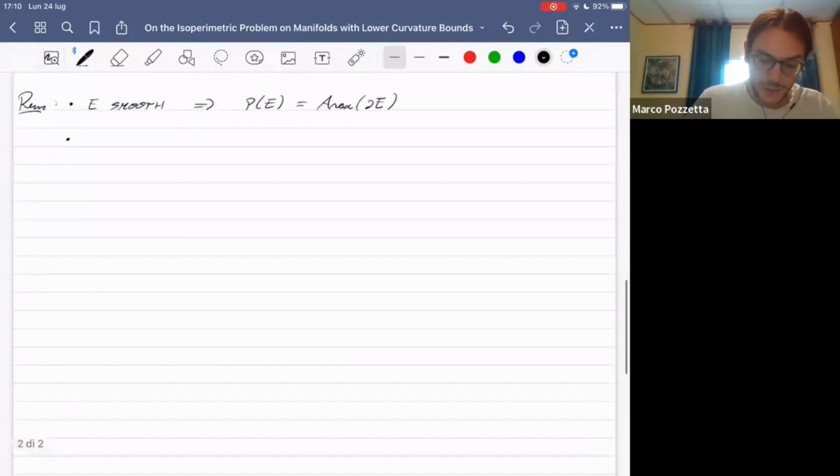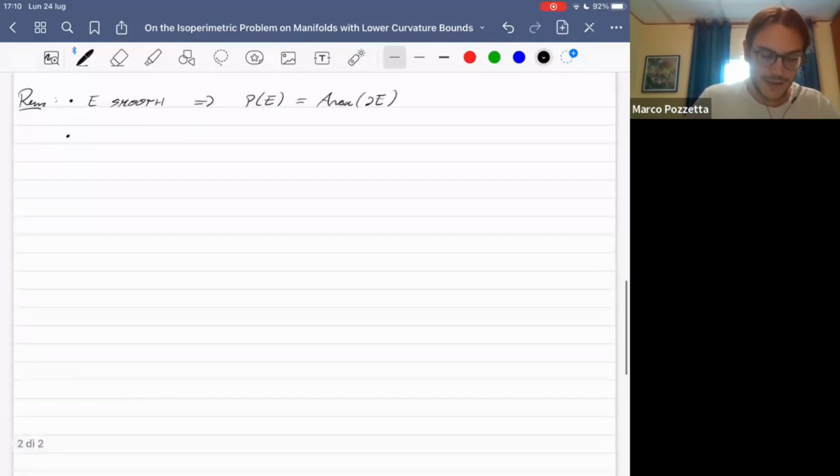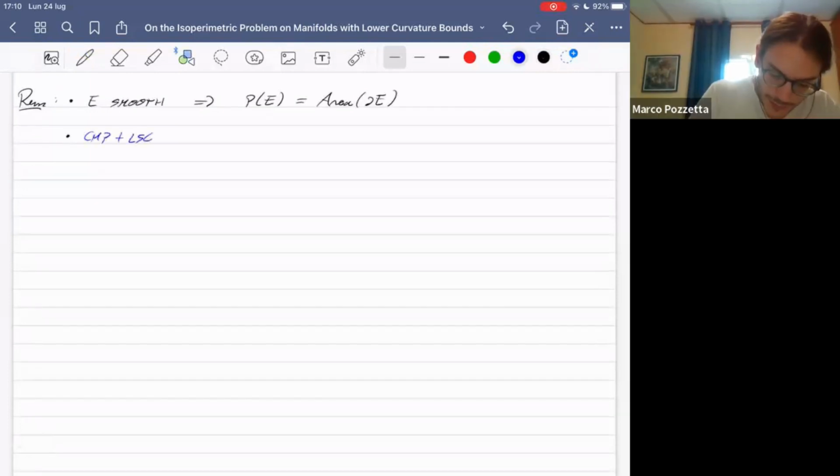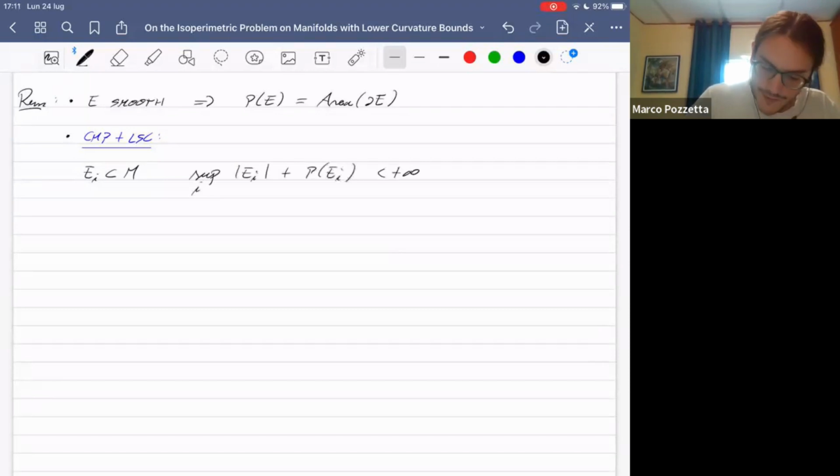Next, something that is going to be very important for our variational problems is that we have a compactness plus lower semi-continuity property for this functional. It means the following. Let's say that you have E_i, a sequence of subsets of M, and you know that the supremum over i of the volume plus perimeter of E_i is uniformly bounded.